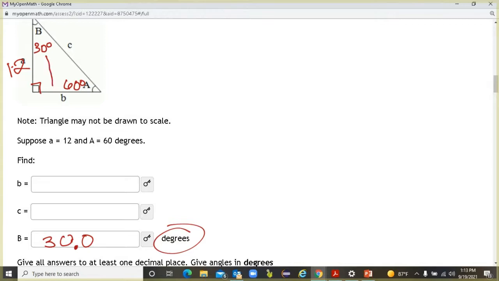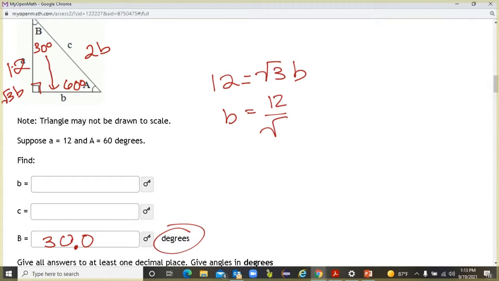B is the short side because it's across from the short angle. So whatever B is, the hypotenuse is always 2 times B, and this side is always the square root of 3 times B. Okay, so if 12 is the square root of 3 times B, that must mean that B is 12 over the square root of 3.